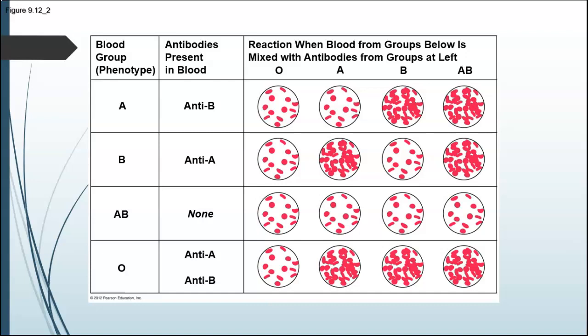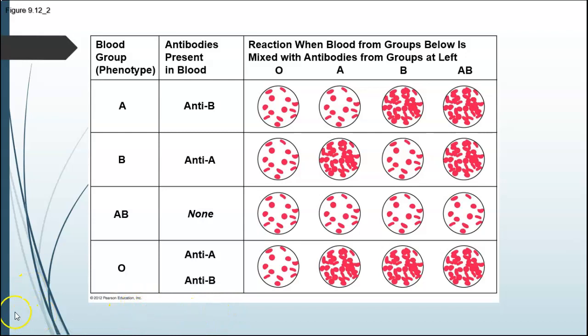But that's why blood banks often like to have lots of type O blood on hand, because in an emergency, when someone is losing a lot of blood and you need to replace it quickly, you can use type O blood as long as it matches some of the other blood types that are present, like the Rh factor.